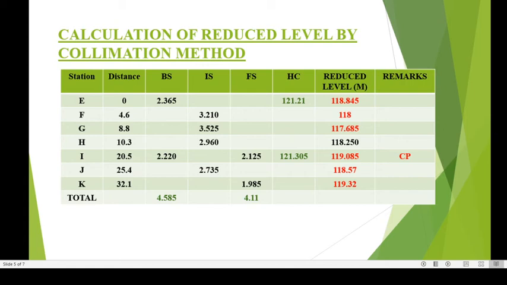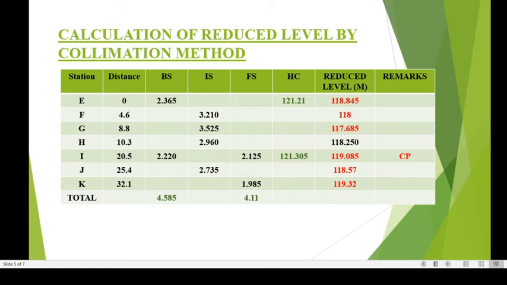Now by subtracting the BS from the height of collimation at E, we get the reduced level at E, which is 118.845. In order to calculate the reduced level of station F, we will subtract 3.210 from 121.21, the height of collimation at station E, and we will get the reduced level 118.